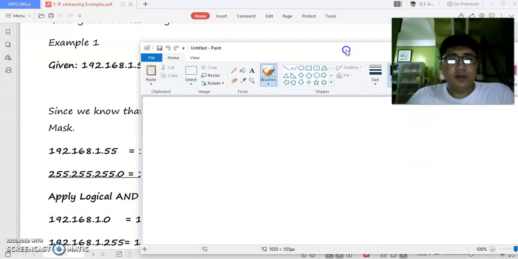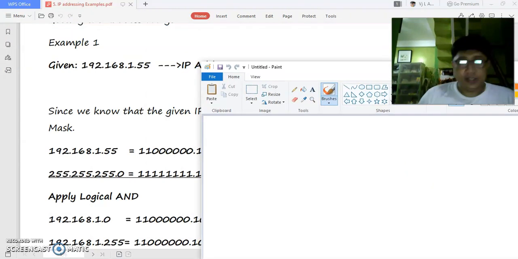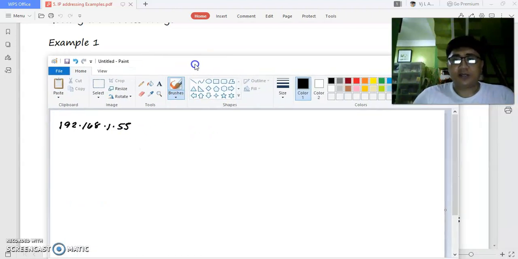First, let's copy the IP address: 192.168.1.55.